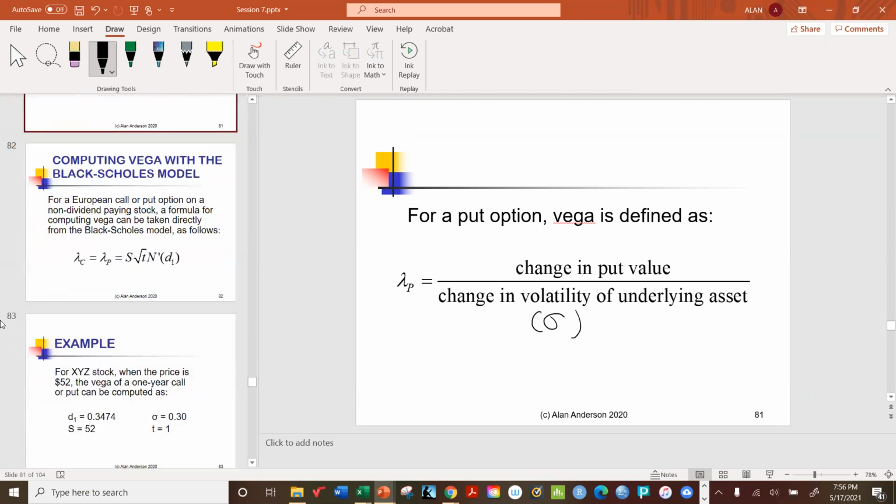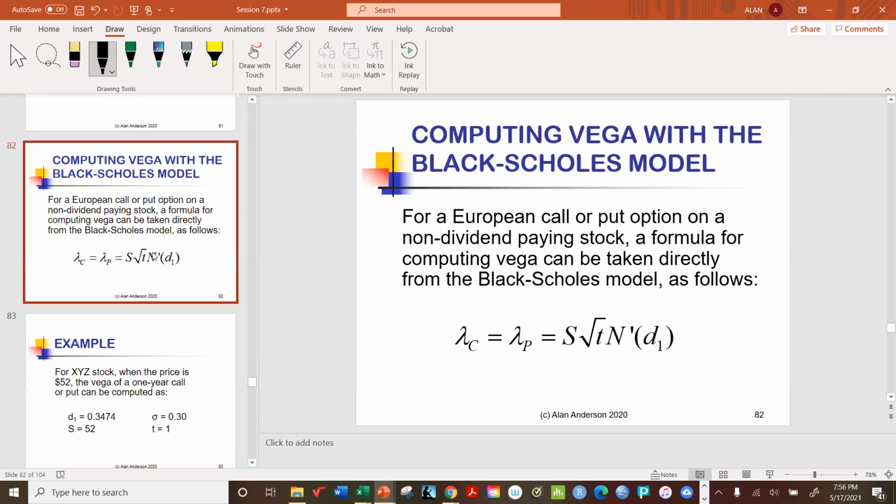All right, so let me show it to you. Now, here's an interesting twist. Just like with the gamma, the vegas for 2 options, a call or a put, that are identical in every way, will have the same vega. And on top of that, both of these vegas are always positive.